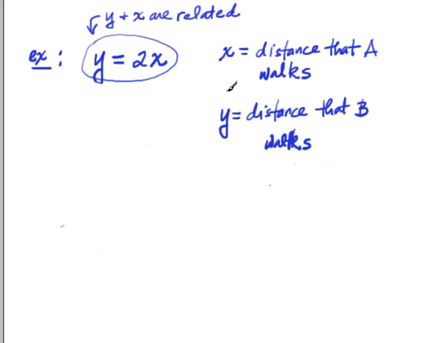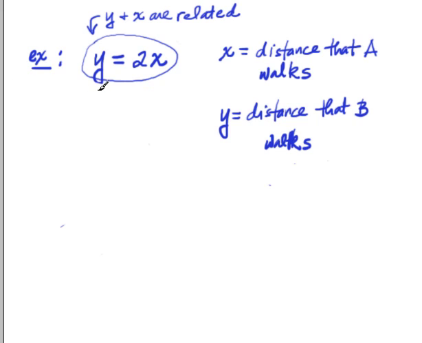So to make it concrete, let's suppose x is a distance that person A is walking, and y is the distance that person B is walking. So we have two people walking. Now notice that y is equal to 2x. So that means that the second person B is covering twice as much ground as the first person A. All right.